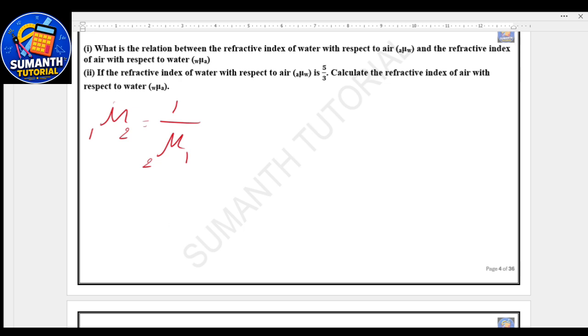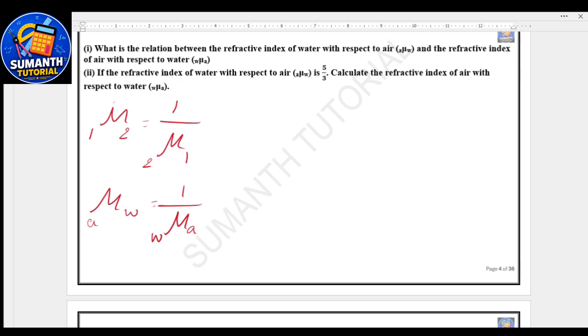The same thing we are going to follow here. The refractive index of water with respect to air is 1 divided by the refractive index of air with respect to water. That's it, this is the answer for the first question.